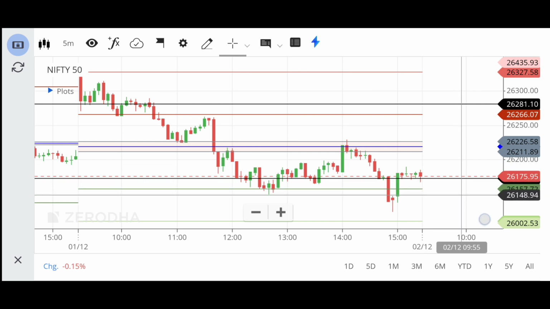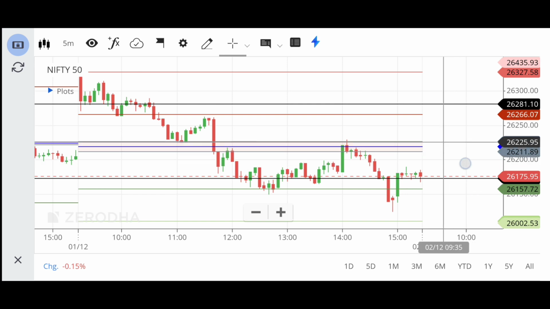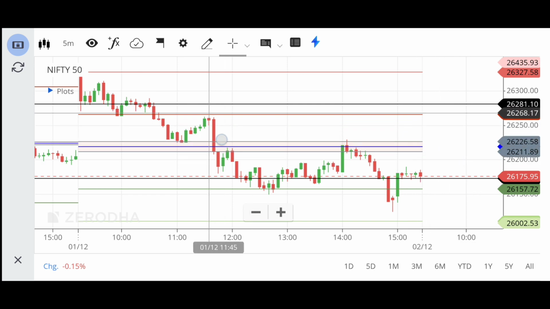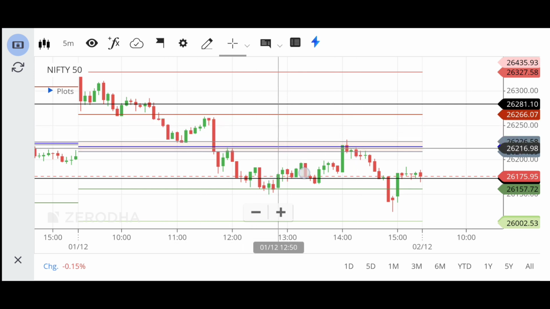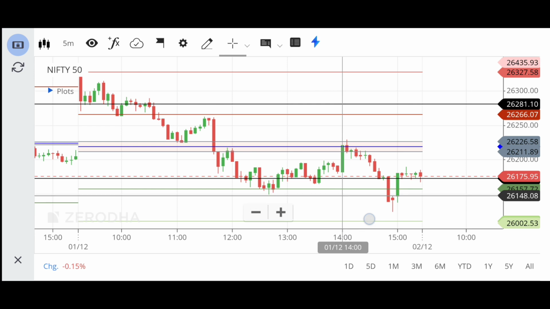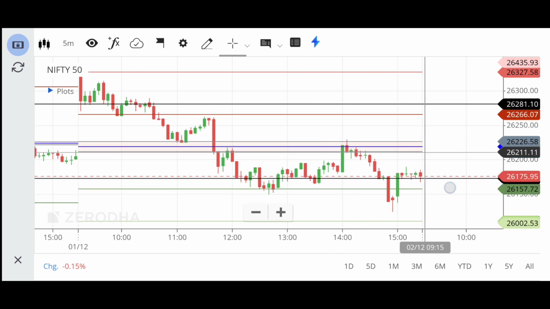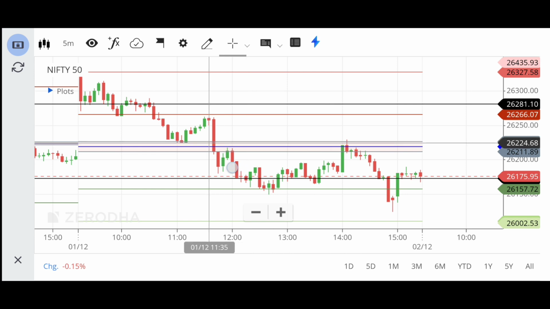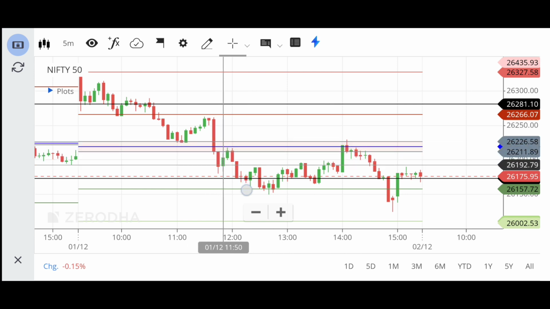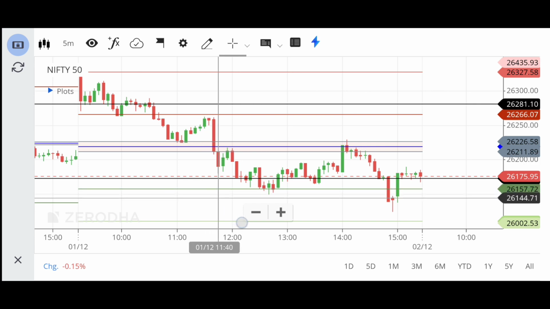Okay, so the possible options to take a trade on this day are 10:40, and yeah, 10:40 alone is a good option because this also broke. But we are not sure about the 11:45 candle, because this candle is at the CPR range itself.